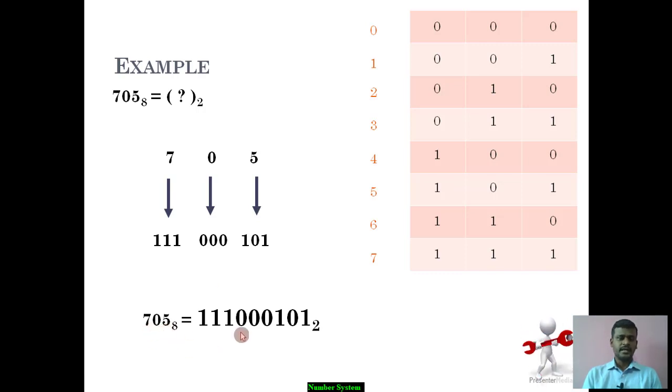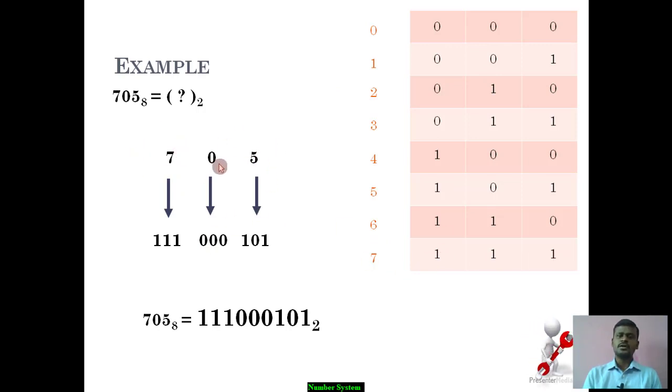We will see that technique once again. Whichever octal number is given, for each octal digit we need to search for the binary equivalent. For example, for 5 the binary equivalent is 101. For 0 it is 000. For 7 it is 111.